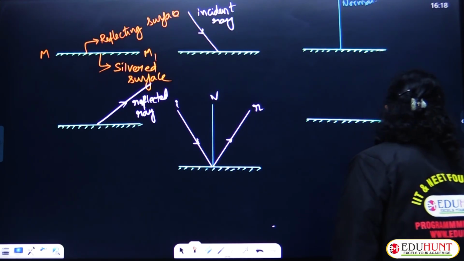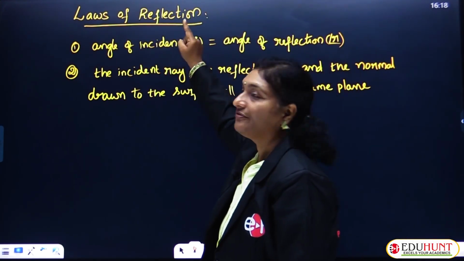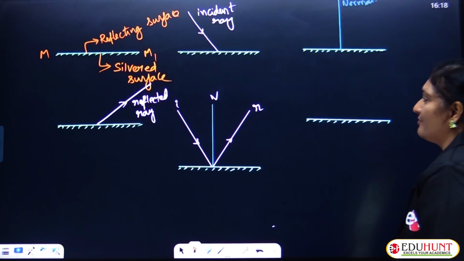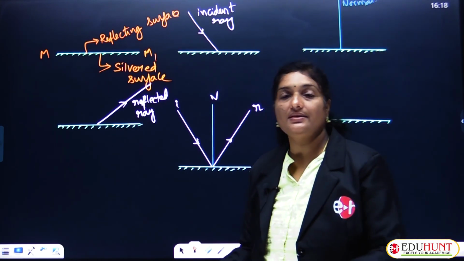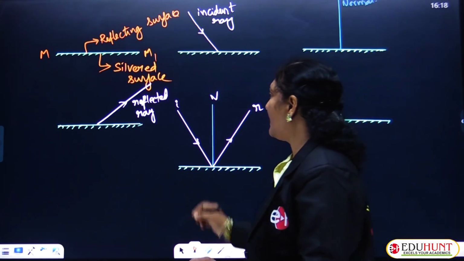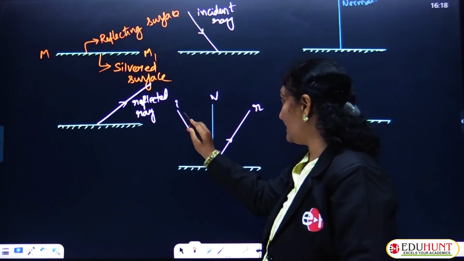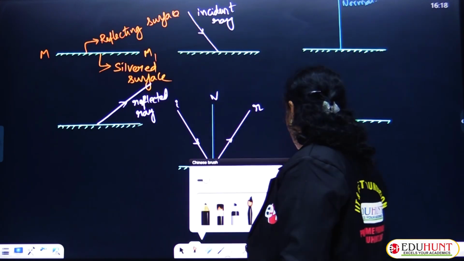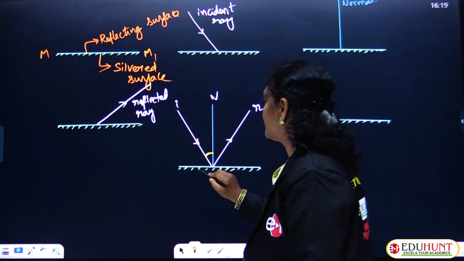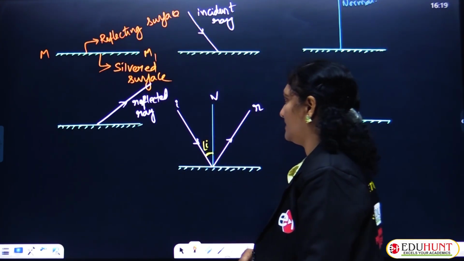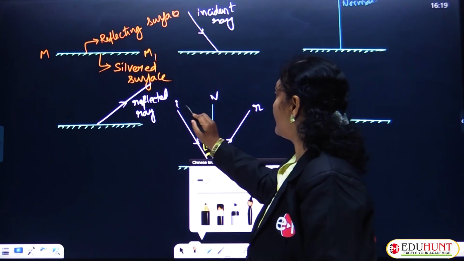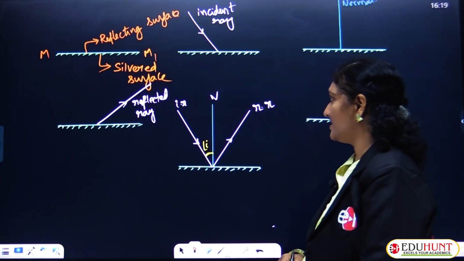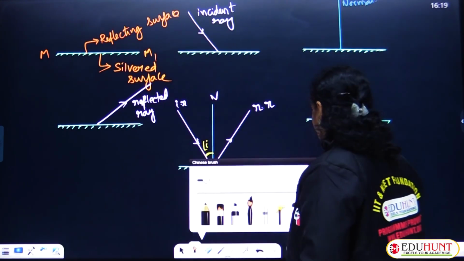Just now I told you that according to the first law of reflection, the angle of incidence is always equal to the angle of reflection. What is the angle of incidence? The angle made by the incident ray with the normal, this angle itself, is called the angle of incidence.